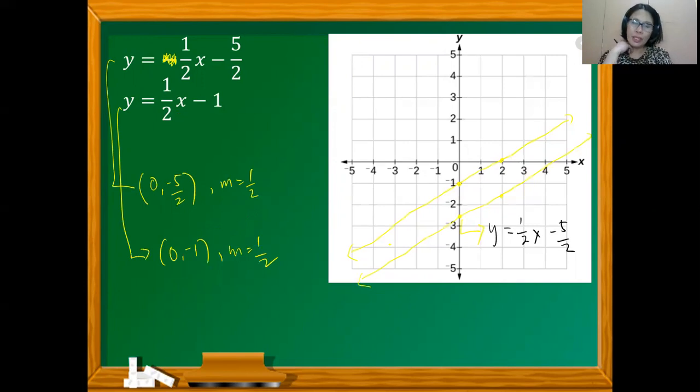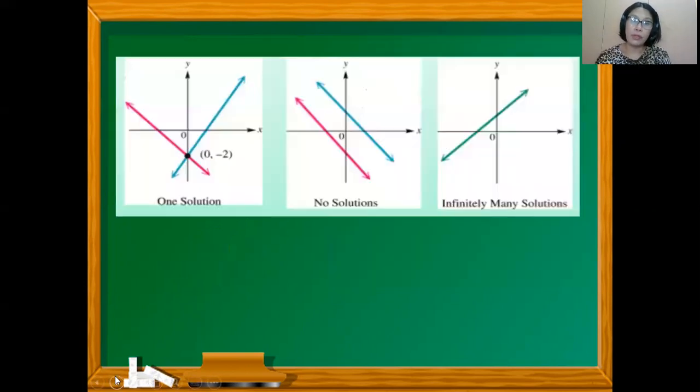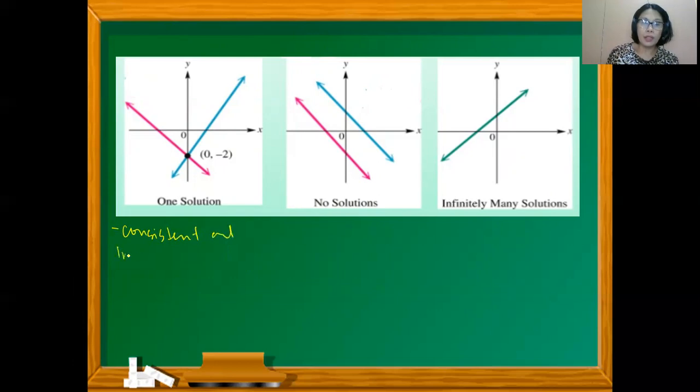Now, let us summarize each pair of linear equations that we have graphed. The first pair of equations that we have graphed, the two lines intersect. We define that system as a consistent and independent system.